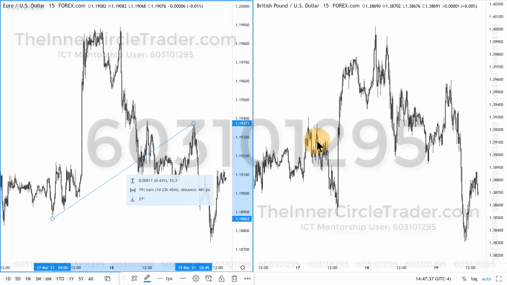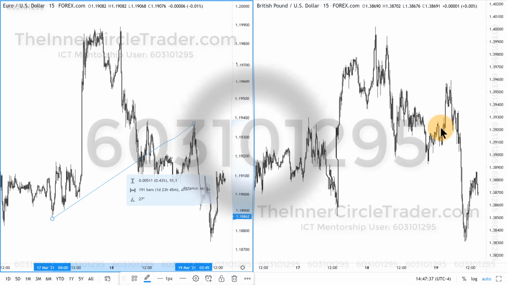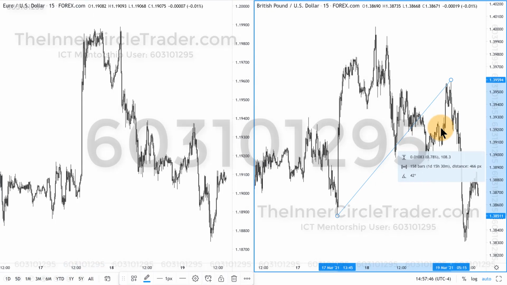But if you look at cable, its high where it diverged to that same low is 108 pips, or 108 and 3 pipettes. Which pair offers the most in terms of potential?